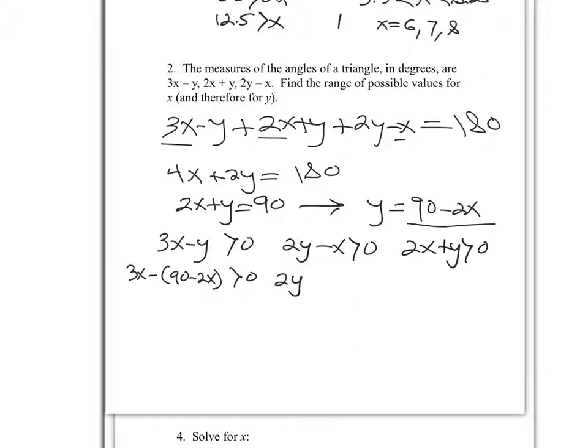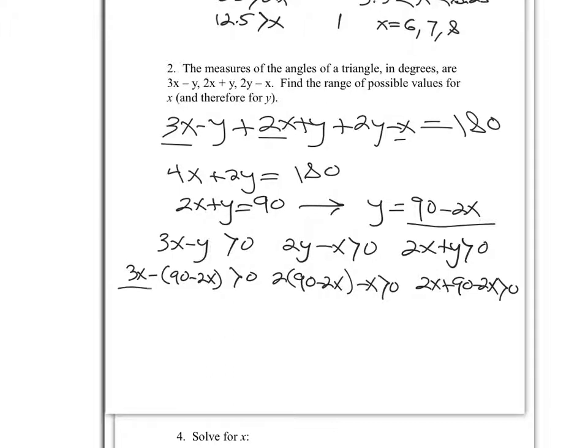Actually, we should replace that y. We're going to say that 2 times (90 minus 2x) minus x is greater than 0. Finally, 2x plus 90 minus 2x is greater than 0.